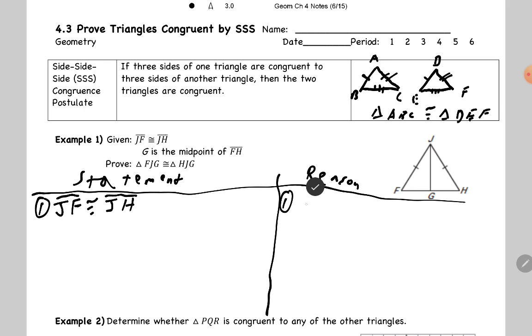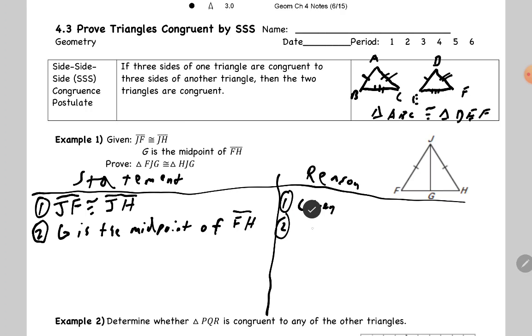So it's given. 2, G is the midpoint of FH. That's also given.